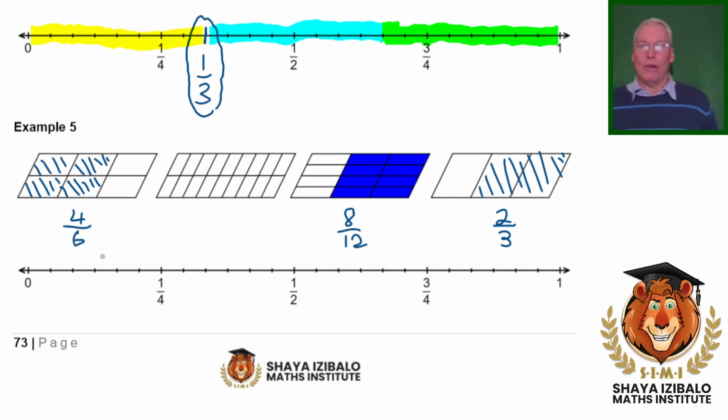Again, I'm going to take it to a real life example. If this was a cake, and this was a cake, and you were going to get 2 pieces out of 3, that would be the same as getting 4 pieces out of 6. How many pieces have we got here? 1, 2, 3, 4, 5, 6, 7, 8, 9.